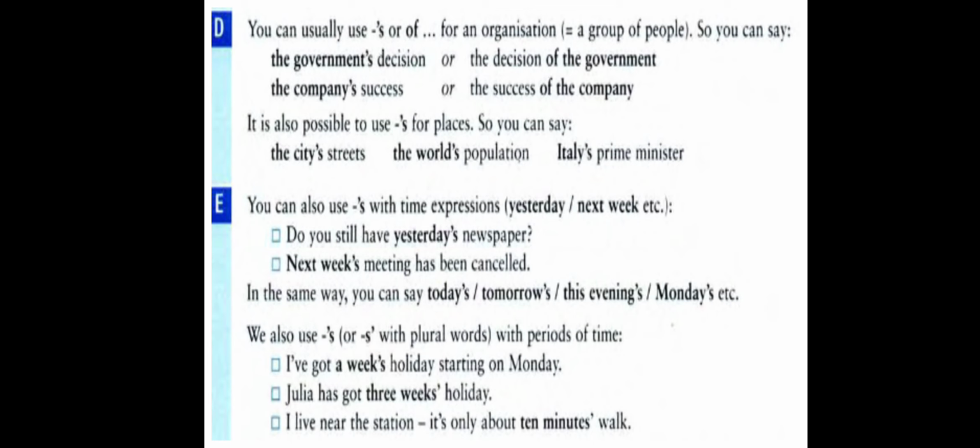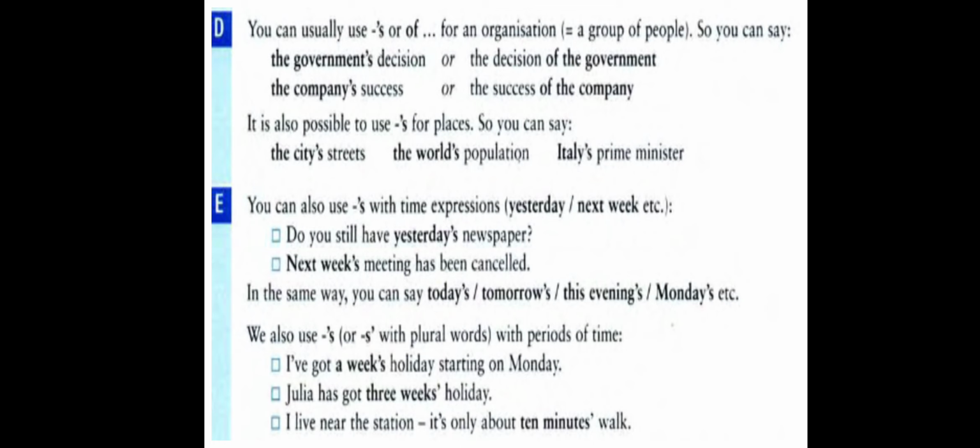You can also use apostrophe plus s with expressions like yesterday, next week. With time expressions, we can use apostrophe plus s. Do you still have yesterday's newspaper? Here we speak about the newspaper, and it is yesterday's newspaper. The next week's meeting. Here we speak about the meeting next week.